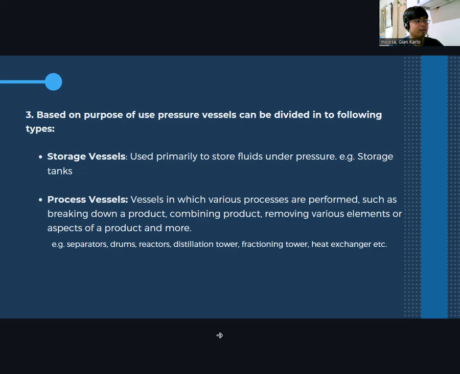So if the vessel in which various processes are performed, such as breaking down a product, combining a product, removing various elements or aspects of a product, and more, this is what we call a process vessel. For example, is a separator, drums, reactors, distillation tower, and more.